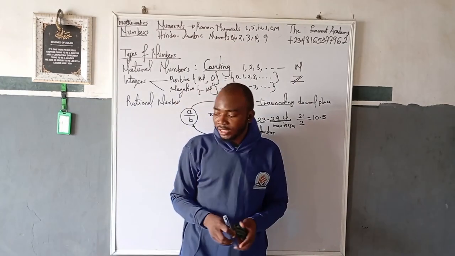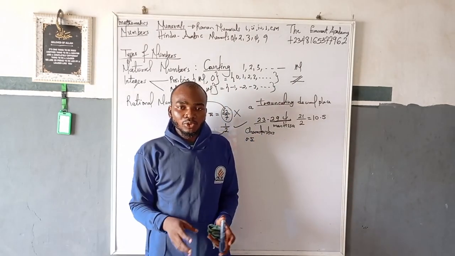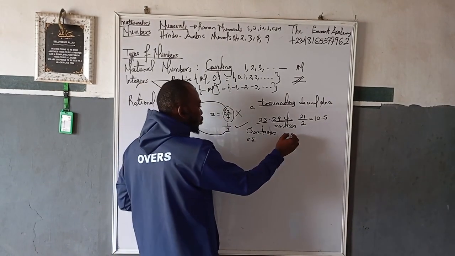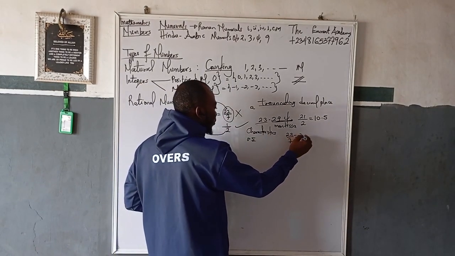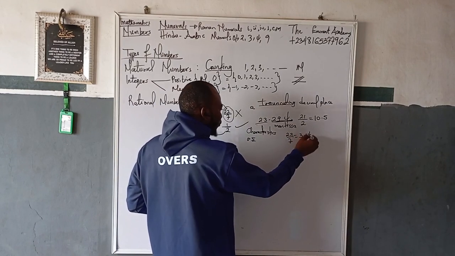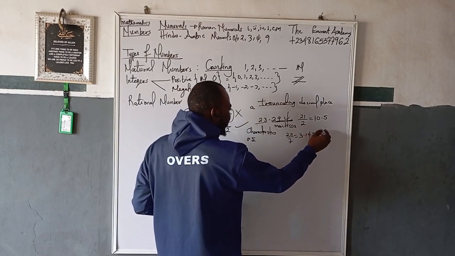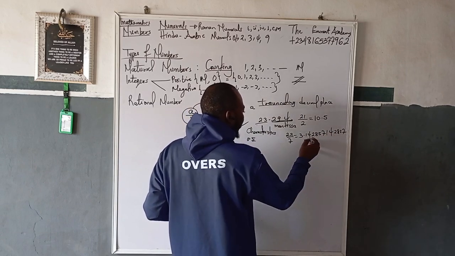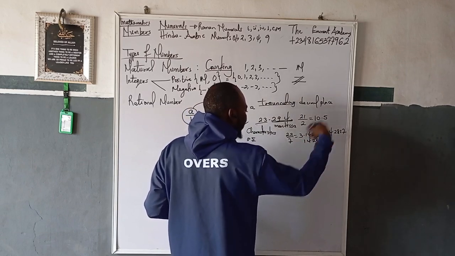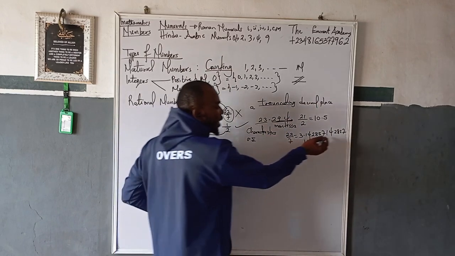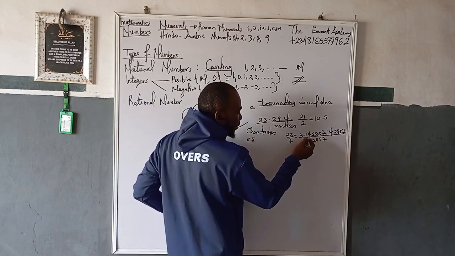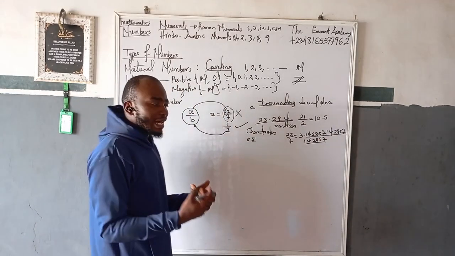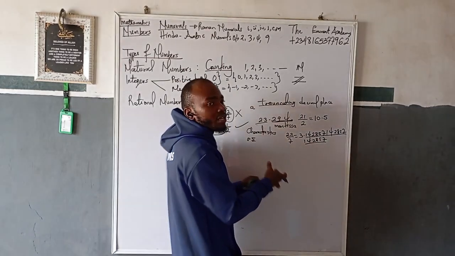a non-terminating decimal value. If we convert 22 over 7 to decimal places, that will give us 3.142857142857142857 in that respect. So these decimal places will actually end where the capacity of the calculator is.